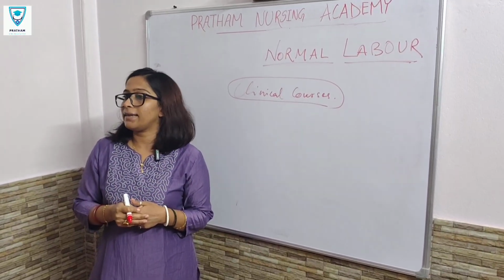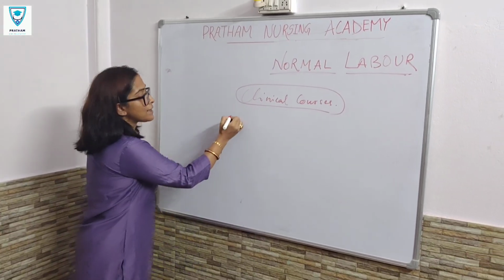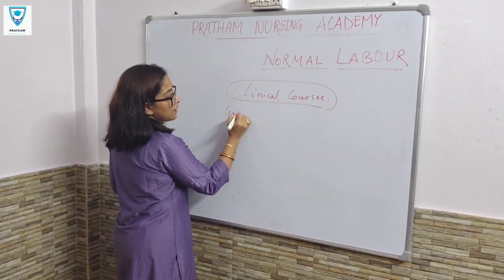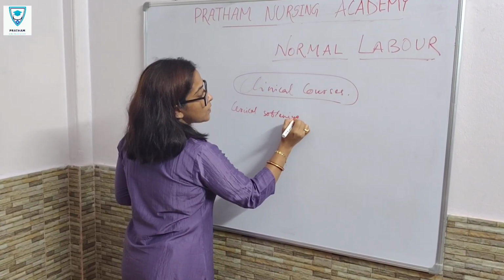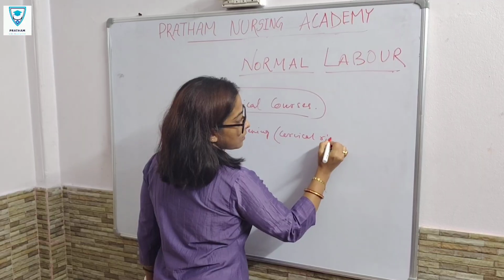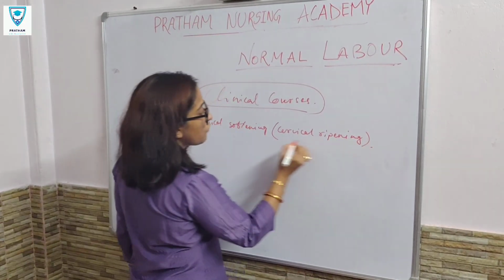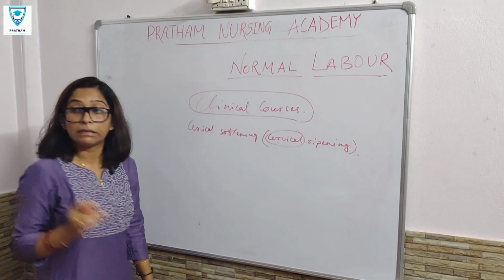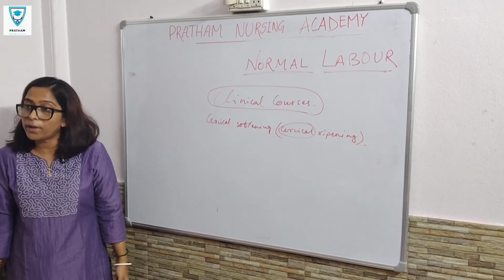So just like that, the cervix has to be softened, which is known as cervical ripening. So for cervical ripening, the cervix has to be additionally soft. So how does it happen?